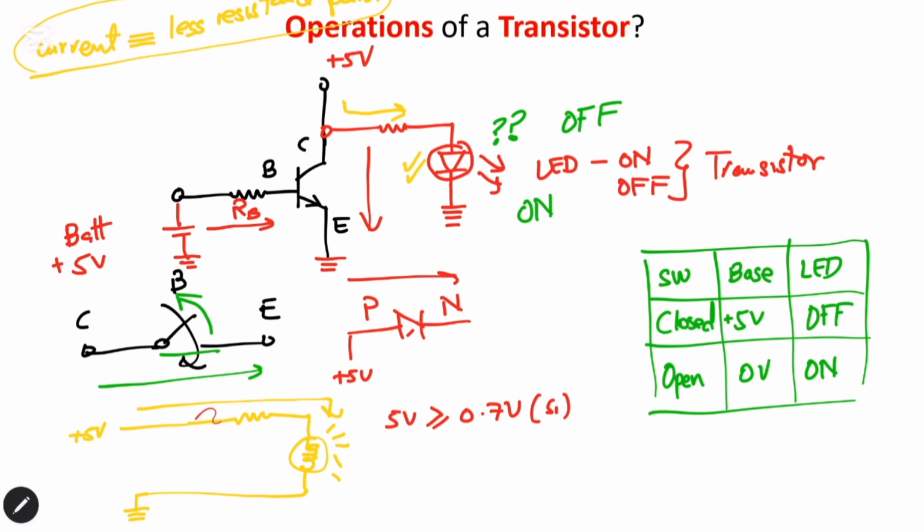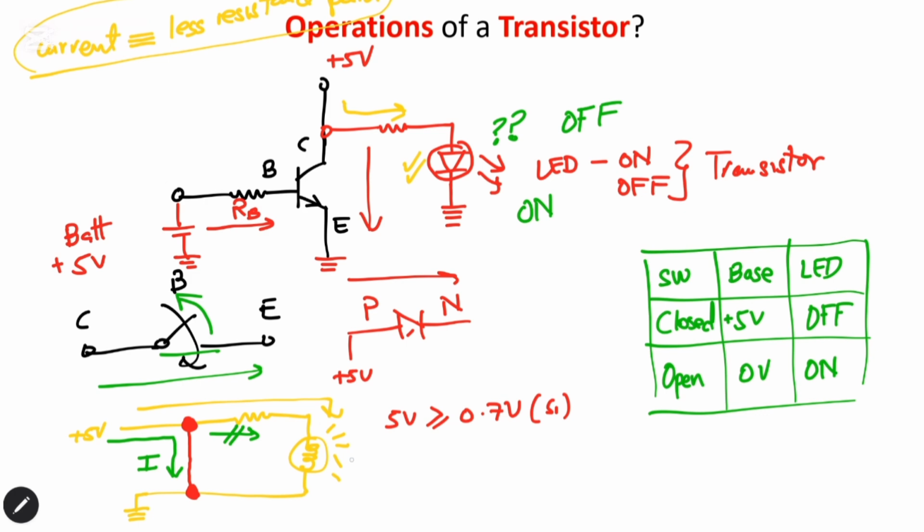If you now connect a wire between this portion of the line and this portion of the line, what will happen to the circuit? This circuit is now in a short circuit state. That means the current will now flow in this direction, leaving no current flowing in this direction.